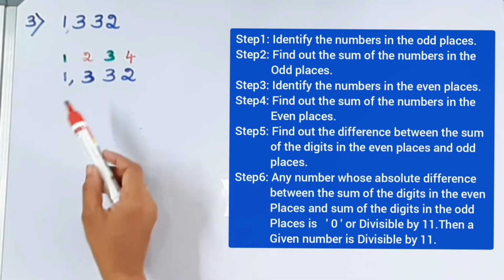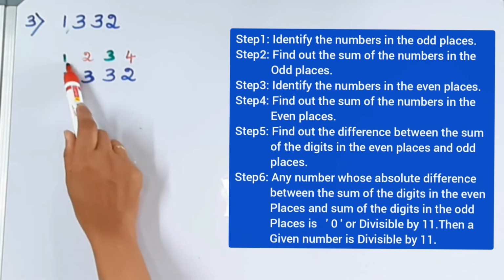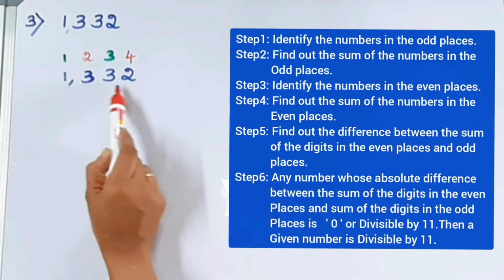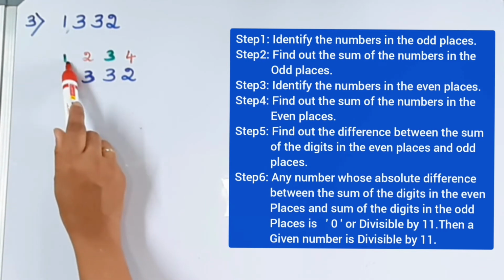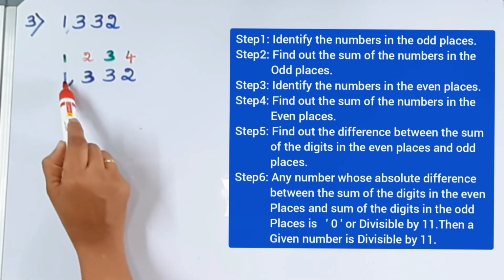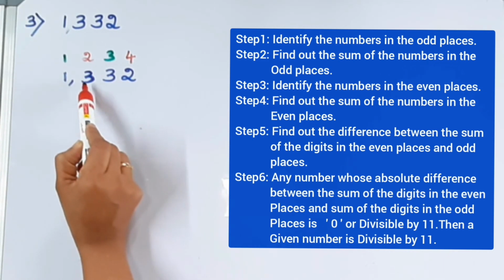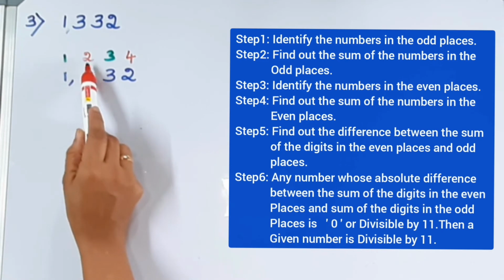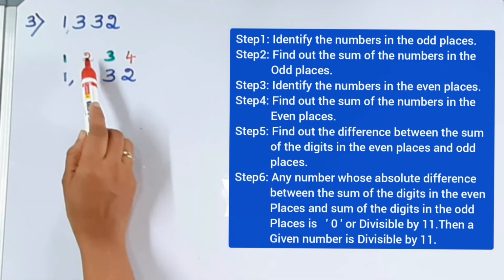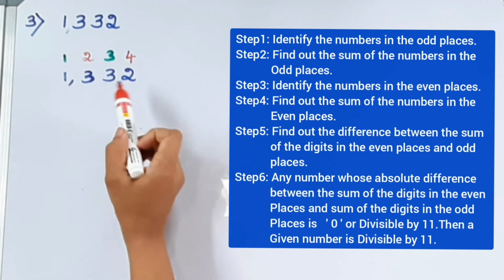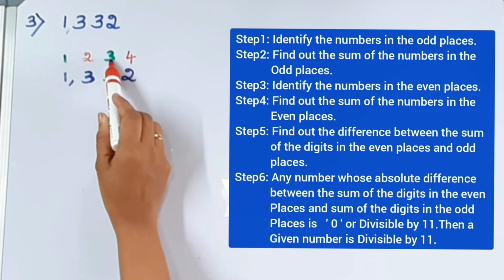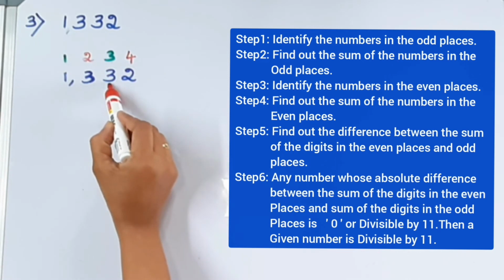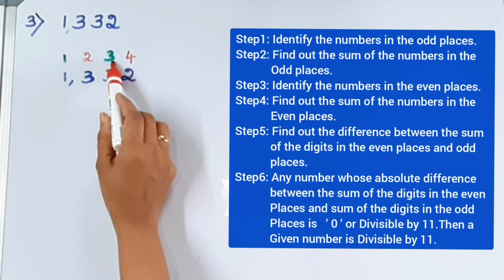Here we are concentrating on the places, not on the numbers. Since 1 is in the first place, 1 is in the odd place. This 3 is in the even place because it is in the second place, and this other 3 is in the third place, so it is in the odd place.